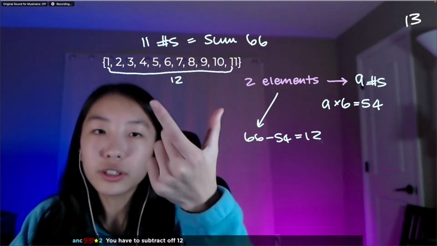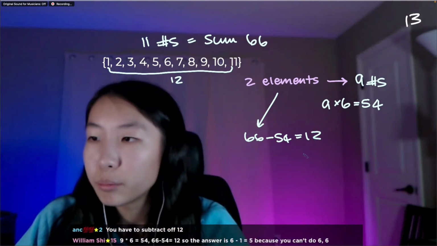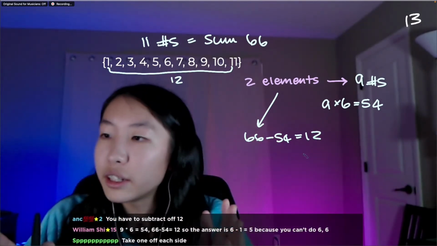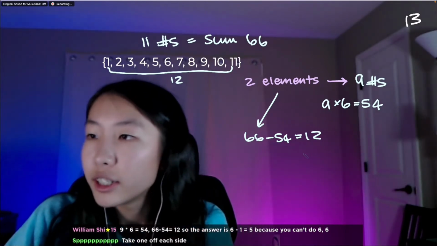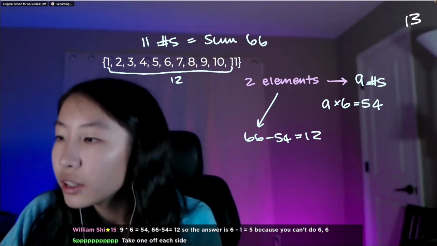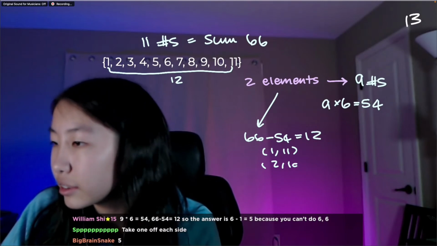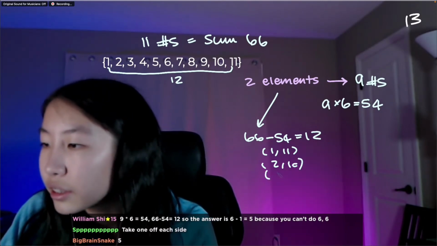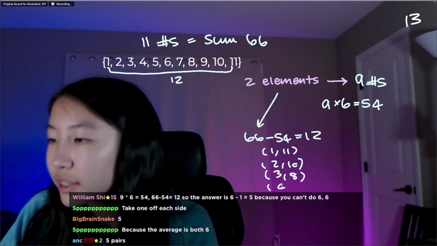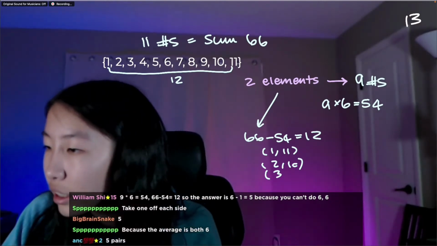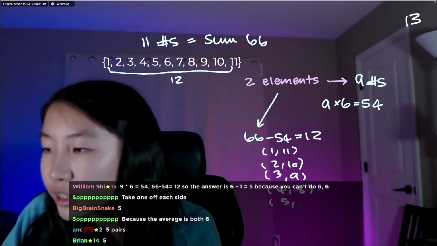And what we did earlier is we paired off, so we knew which elements sum to 12. Basically 1 and 11, 2 and 10, okay, 3 and 9, and then 4 and 8, and then 5 and 7.